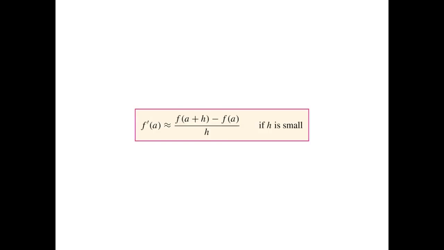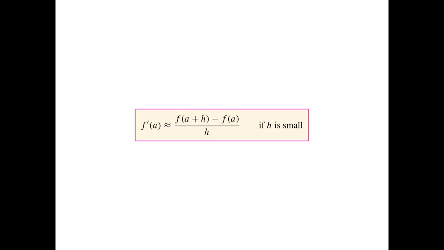What would we do here? We're looking for f prime of pi 6. So we would put f of pi 6 plus h minus f of pi 6 divided by h. Right?